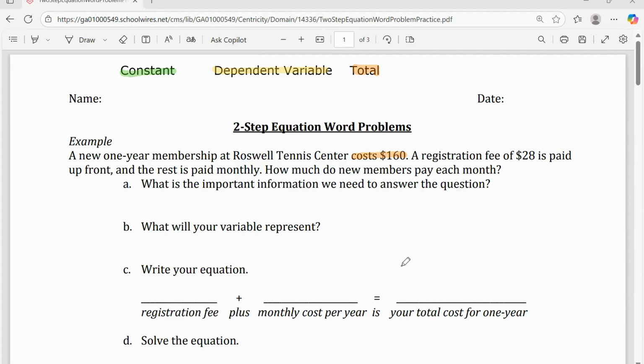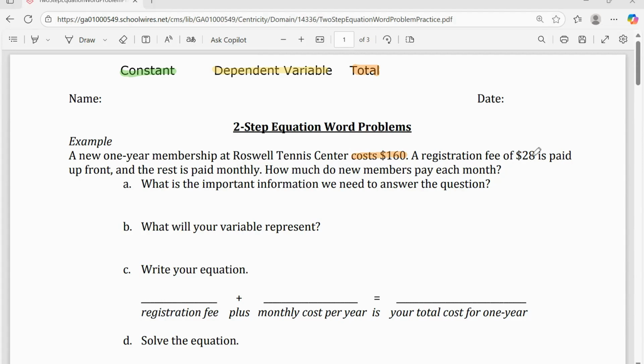Your constant is whatever you have to pay in the beginning, or whatever you have to start with. Your constant can be thought of as what you're going to have to pay regardless of your total or your dependent variable. So we'll make that $28.